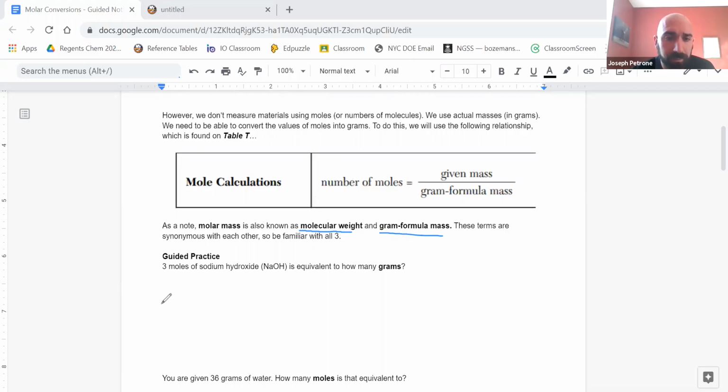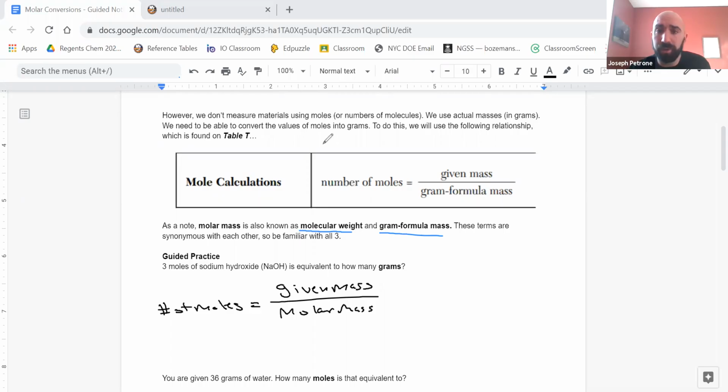So I'm just going to rewrite it. So number of moles equals given mass over the gram formula mass, or the molar mass. I'm just going to write molar mass. Less words, less letters. So we're just going to figure out what we have.